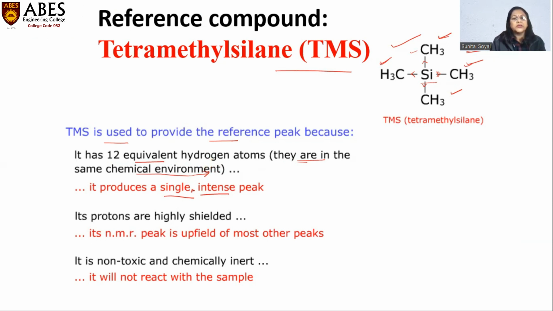And these protons are highly shielded because of the electropositive nature of silicon as compared to carbon. So the NMR peak of TMS will be at the right extreme of the spectrum, and most of the other peaks will be on the left-hand side of the TMS.